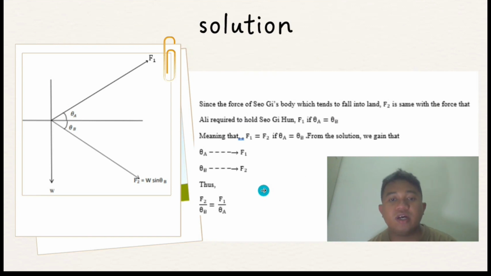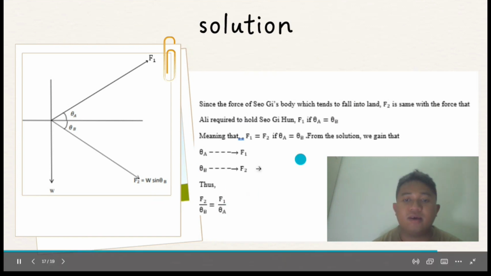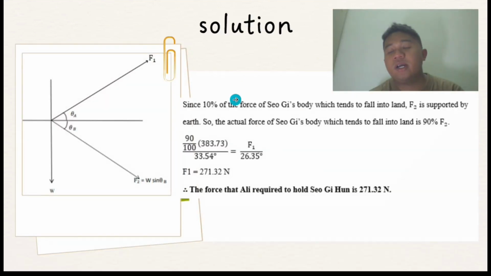So we made a ratio here: F2 divided by theta B is equal to F1 divided by theta A. Based on the values that we got earlier, we substitute into the formula, and we can see that the formula has 90 over 100. That means the first assumption that we made, which is that 10% of the force is supported by the Earth. So we substitute into the formula, and we get F1 equal to 271.32 Newton, which is the force that Ali required to hold Seo Gi-hun.